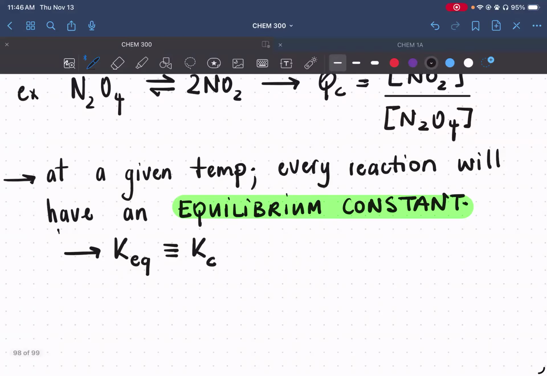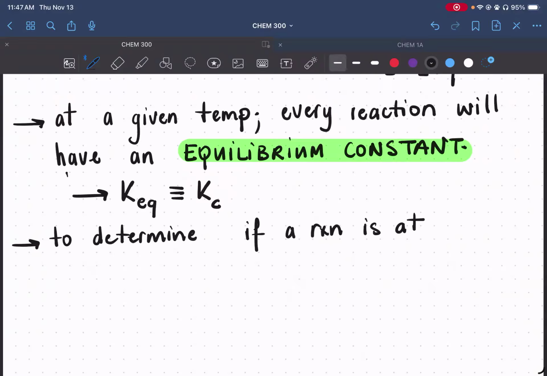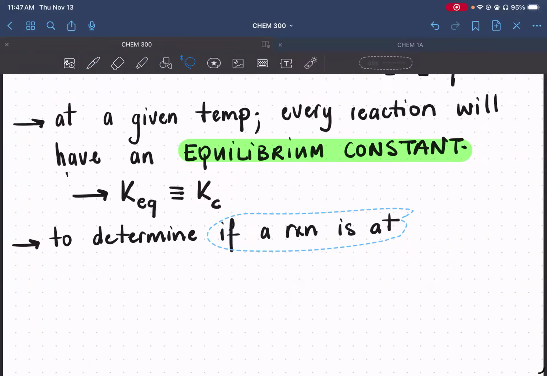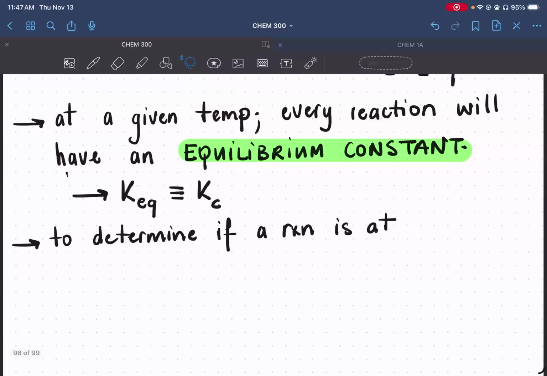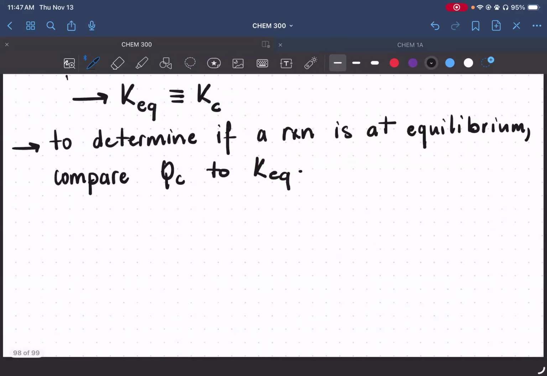Now, if every reaction has an equilibrium constant, to determine if a reaction is at equilibrium, you have to compare the reaction quotient to the equilibrium constant.